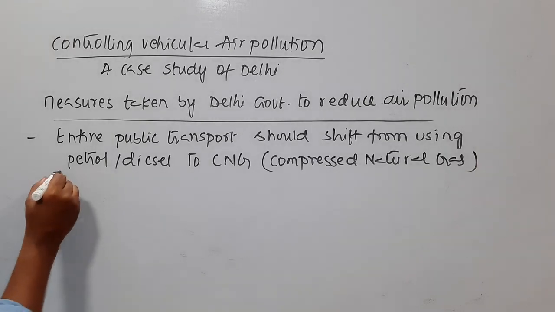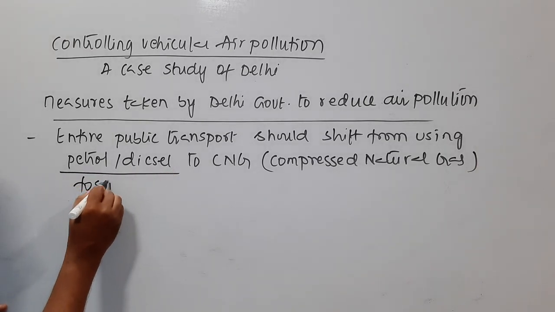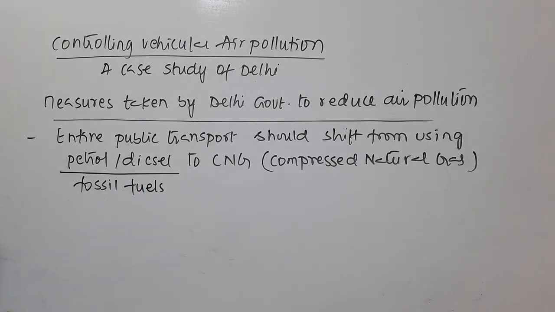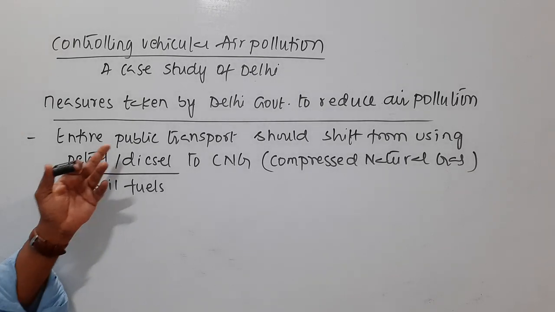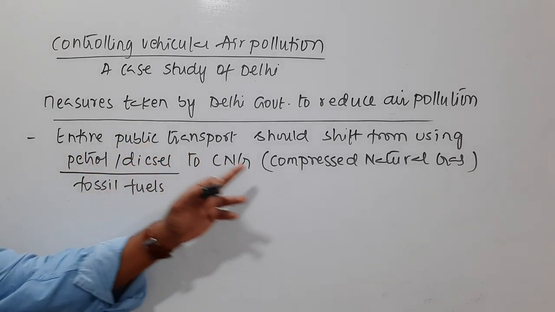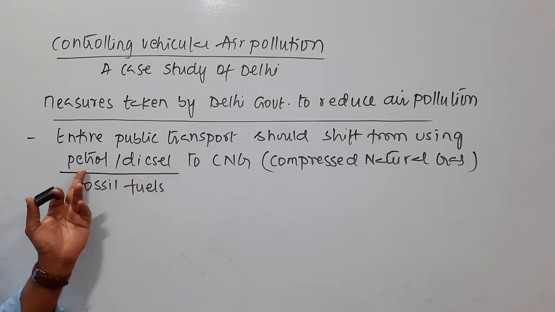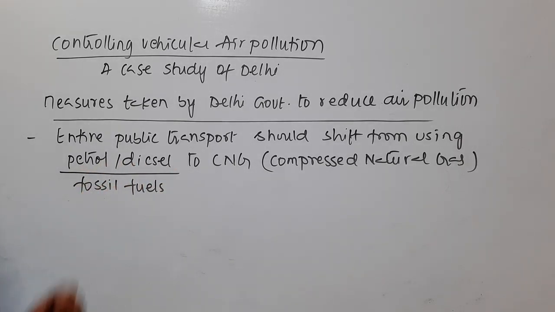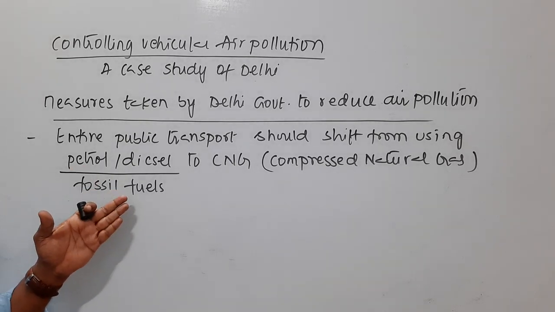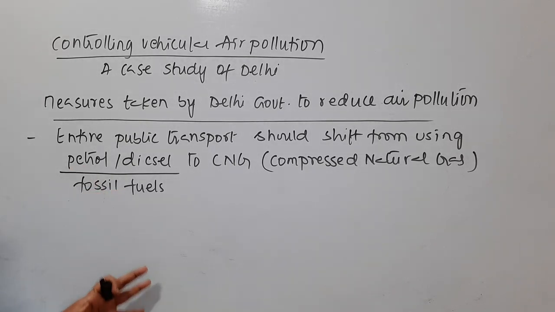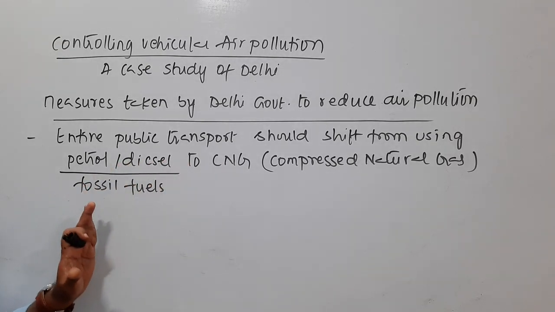And we know that petrol and diesel are fossil fuels, and using these fossil fuels releases a lot of air pollutants. That is why the Delhi government wanted all public transport to use CNG instead of petrol and diesel. The public transport that includes city buses, cabs, and so on, which were using petrol or diesel, must now compulsorily use CNG instead of these fossil fuels.